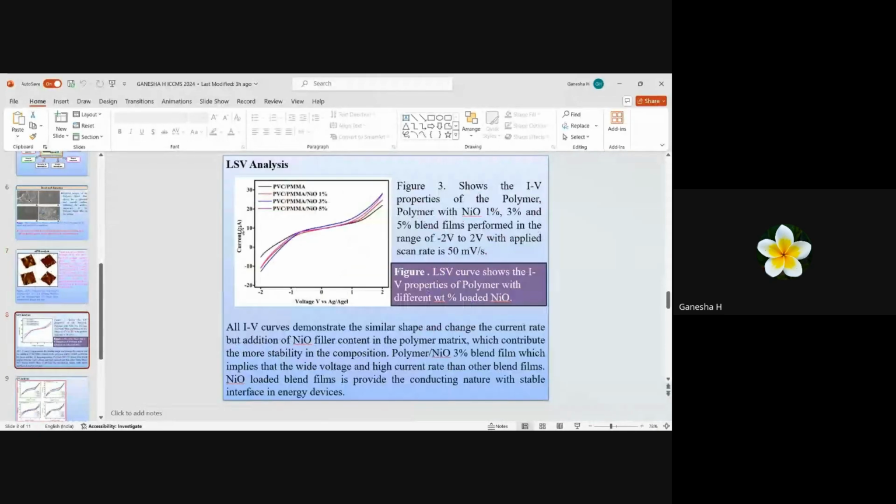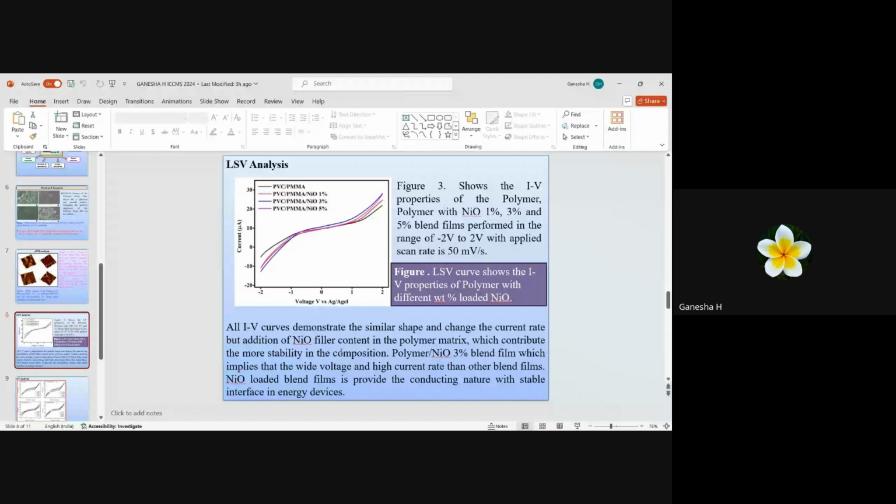Next is electrochemical analysis. This figure is the IV curve, showing the IV characteristics of the polymer with nickel oxide 1%, 3%, and 5% blend films, performed from minus 2 volts to plus 2 volts.